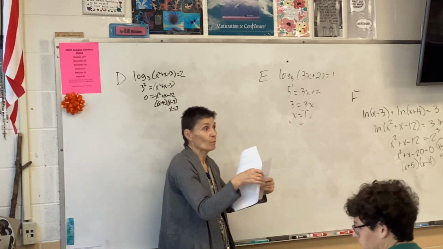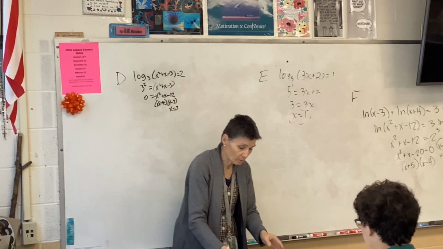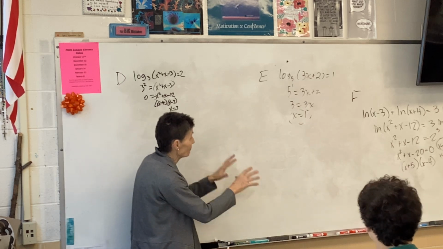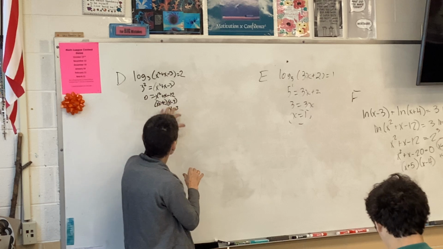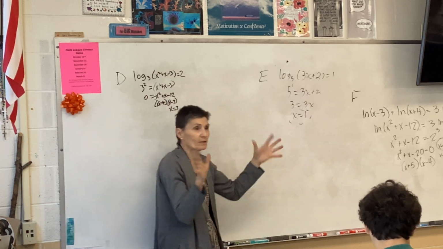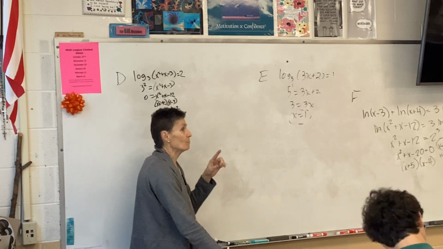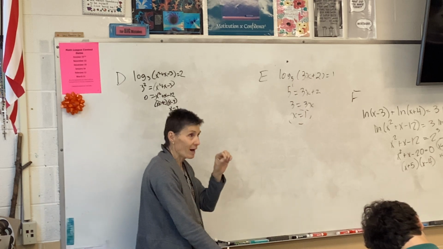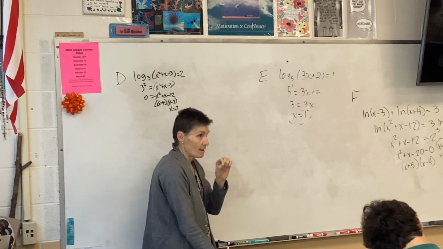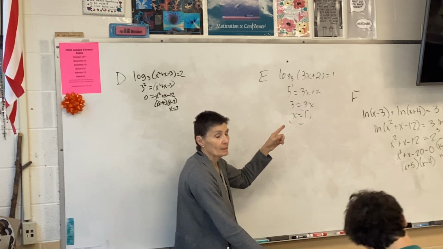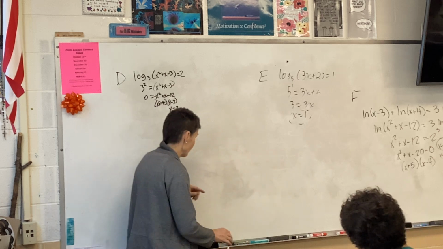Okay? Now, before we move on, I want to talk about the difference between D and F. D and F both ended up being quadratics and both got 2 different answers. Did you notice that in D, they said use the positive solution only, but in F, they did not say that? And here's the difference.